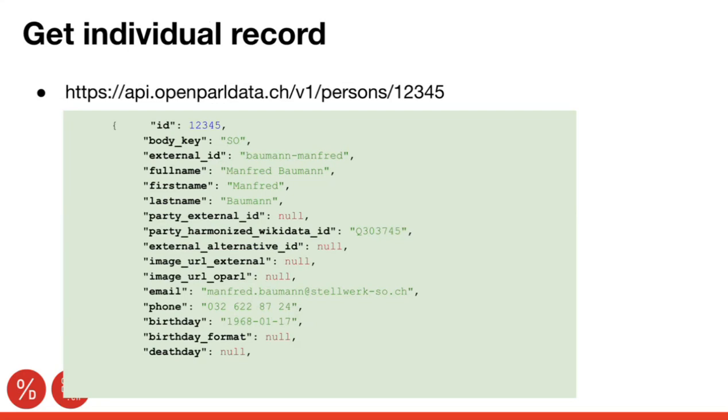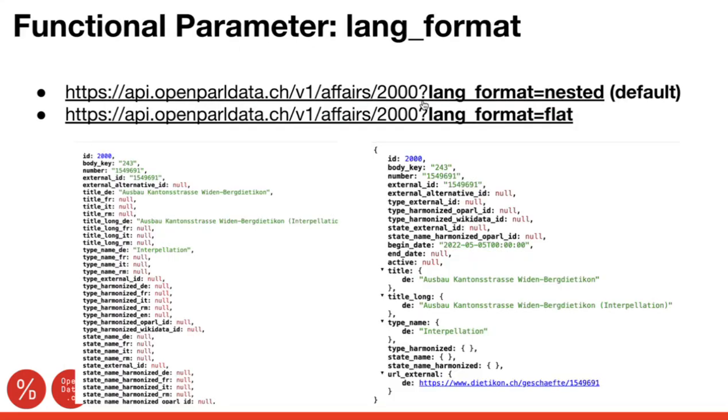Then, with the API, you can get all the individual records if you use the ID at the end for each entity. We have this kind of format because in the database, all the language fields are stored in one table. For the API, this is compromised, so you have these nested elements in the JSON.